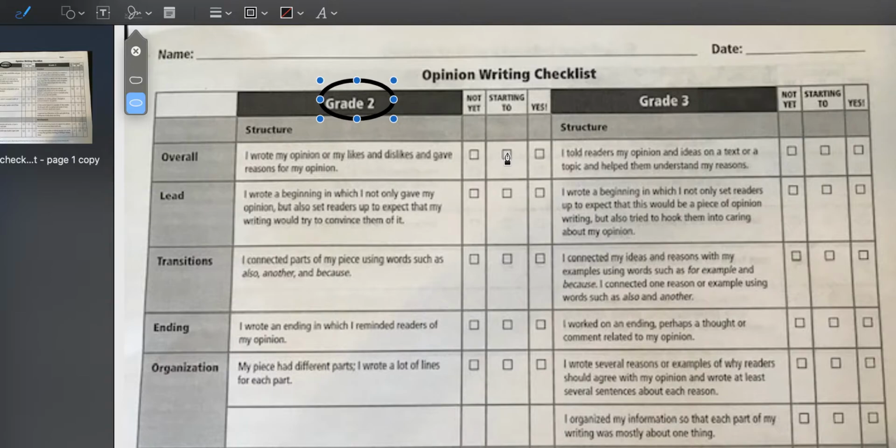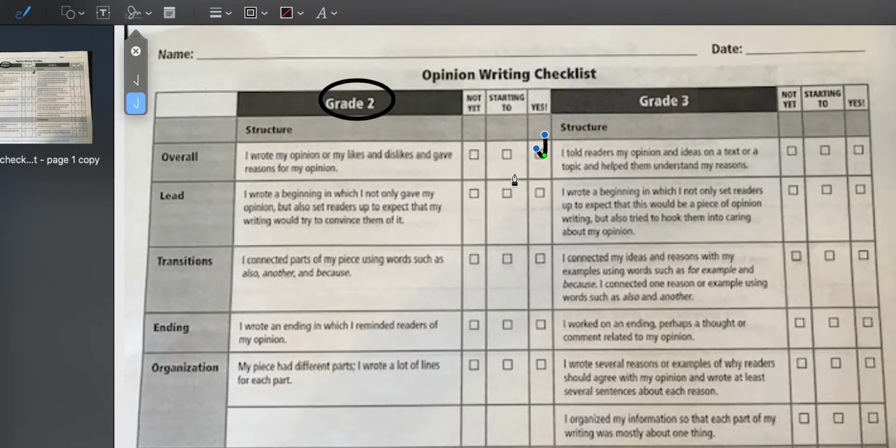If you think, yes, I do that very, very well, then you would check this box, okay? Now, when you check that box, you need to go back into your writing right now and put the little Post-its with a little note that says overall in your writing to show that you were doing it and that was in the overall topic, okay?